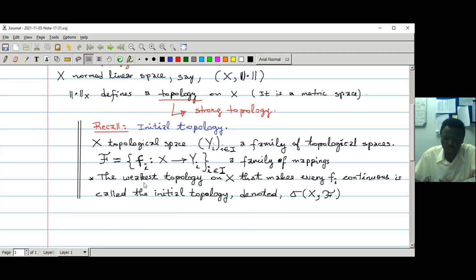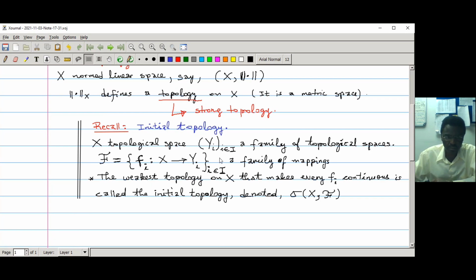So this will be the weakest, or the smallest possible topology, such that all the F sub I will be continuous. You see that that topology has very few open sets compared to the rest. Okay, that was a recall about initial topology.